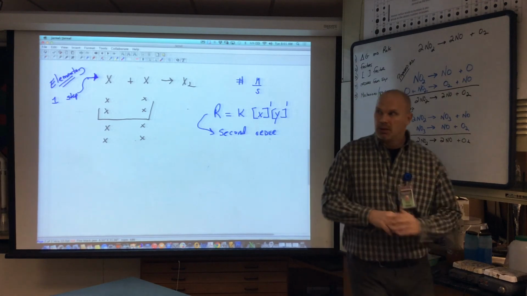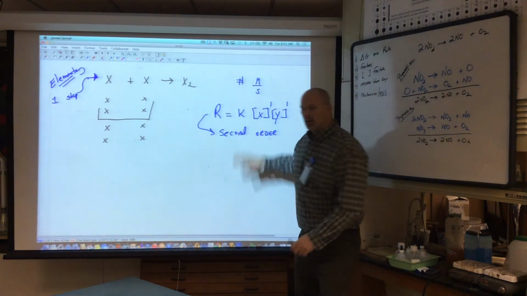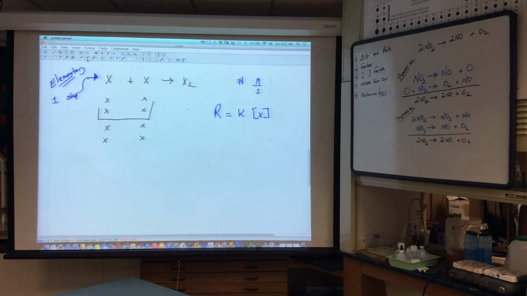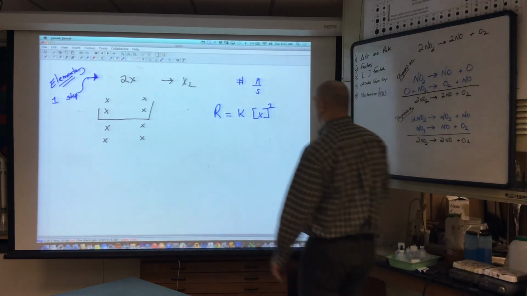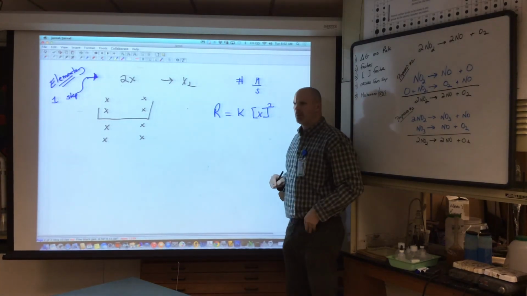So because the rate is equal to what? The order, or the exponent, we would say with respect to X, what's the order here? Order would be 2. And if I redo this reaction, wouldn't this be 2X goes to X squared? And look at here. The coefficient is the exponent.